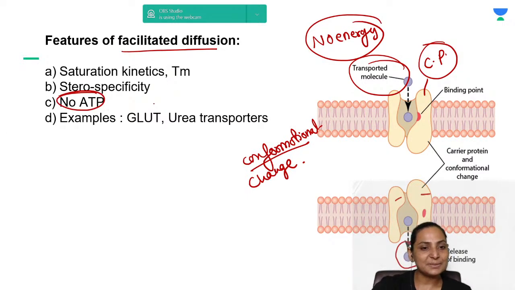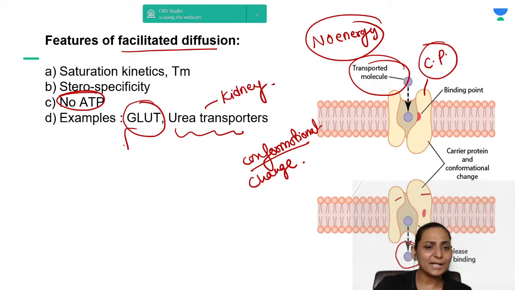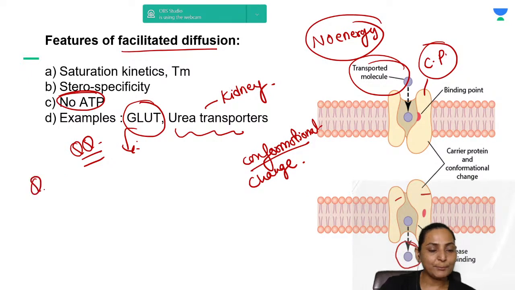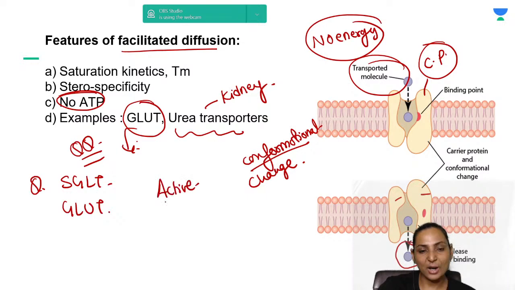Very common examples are GLUTs and urea transporters. These are seen in the kidney. There are lots of GLUTs, and like you study, there are about 7 types of GLUTs. Now if I put an MCQ to you, SGLT and GLUT, which is an example of active transport?